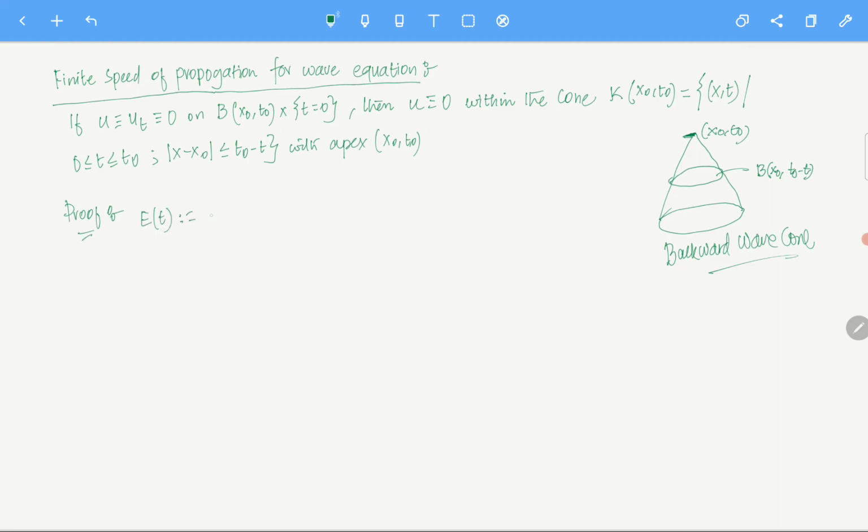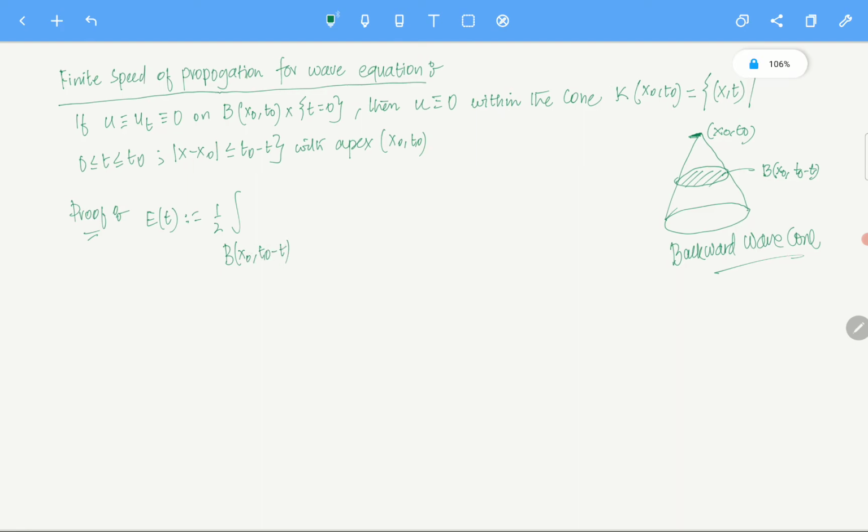That is given by half of the integral over the ball B(x0, t0 minus t) of u_t squared evaluated at (x, t), plus the gradient of u at the point (x, t) squared, dx, for t between 0 and t0.